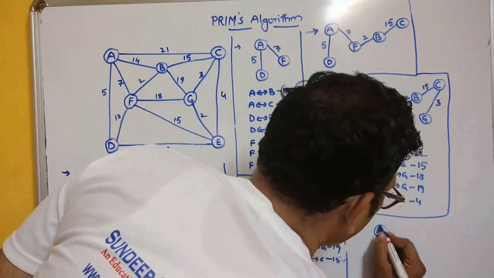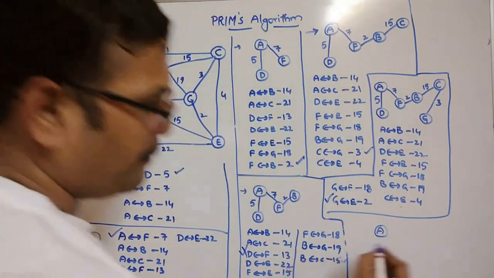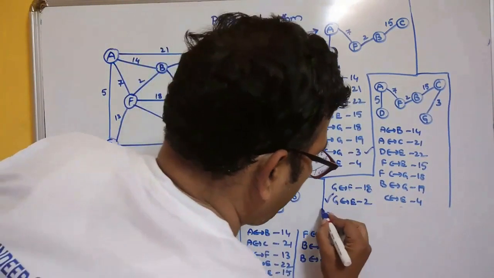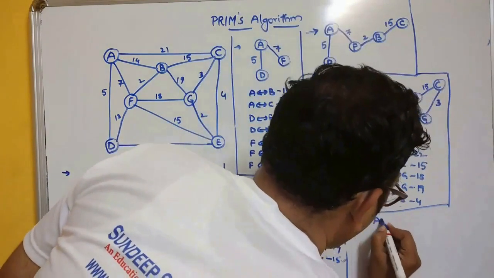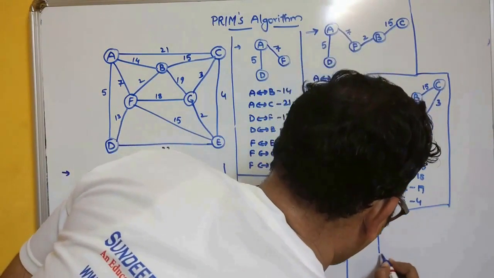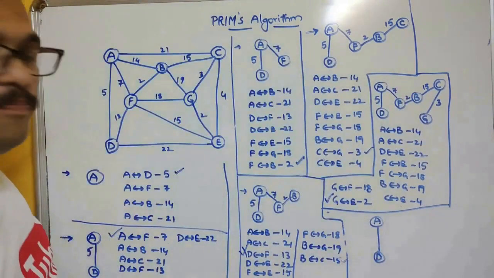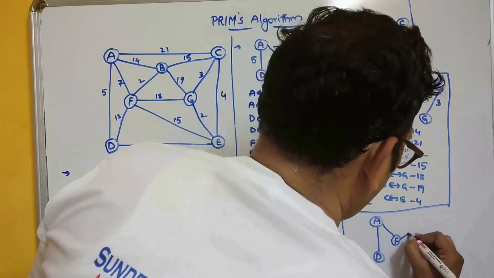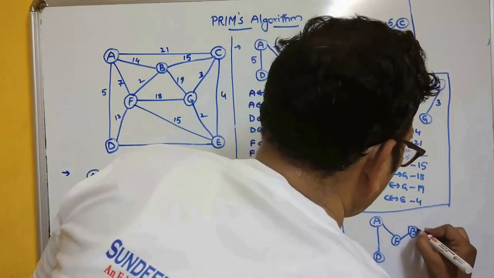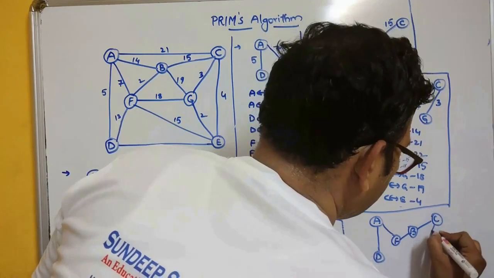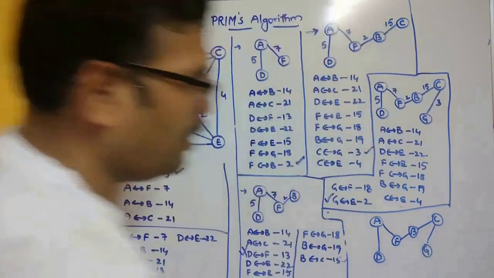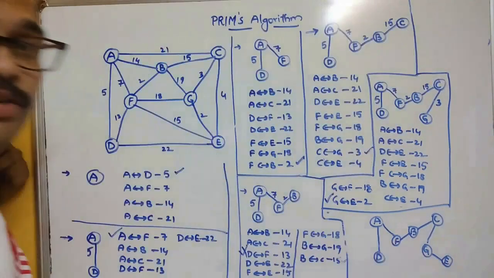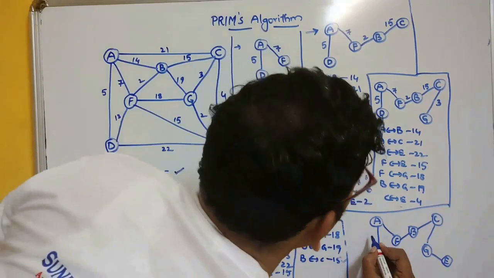So A to D, F, F to B, B to C, C to G, and the last one is G to E. So the cost, let us write down the cost.